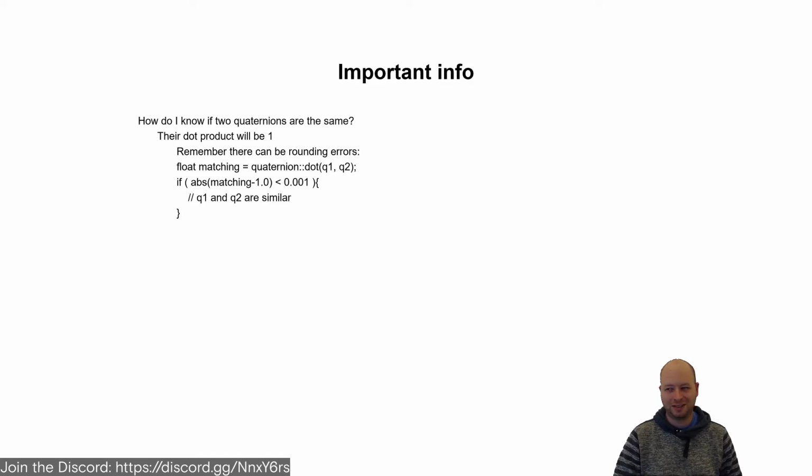This sort of makes sense if you think about it, right? You can have two vectors that are different, that an appropriate rotation about the vector will get you to the same point. So keep that in mind. Quaternions get a little bit weird. This is a bit beyond my mathematical grasp of them even, but keep in mind when you do a dot product of two quaternions, you will likely have a little bit of error.